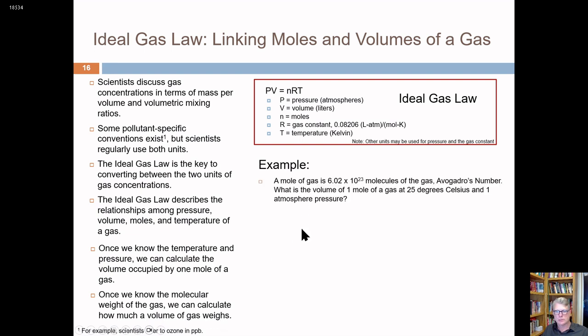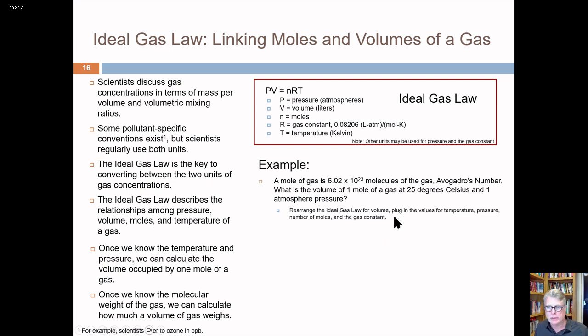So here's our example. A mole of some gas, let's say any gas, is 6.02 times 10 to the 23rd molecules of the gas. Avogadro's number, as I said. Here's the question. What is the volume of 1 mole of a gas at 25 degrees C and 1 atmosphere of pressure? Here's our strategy.